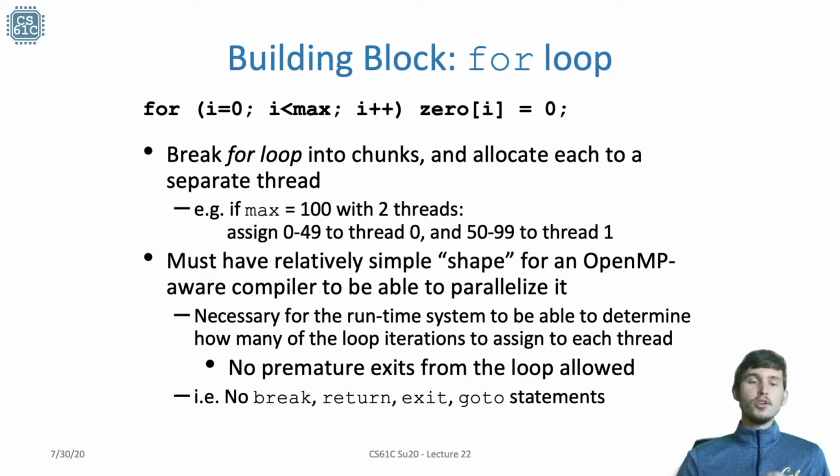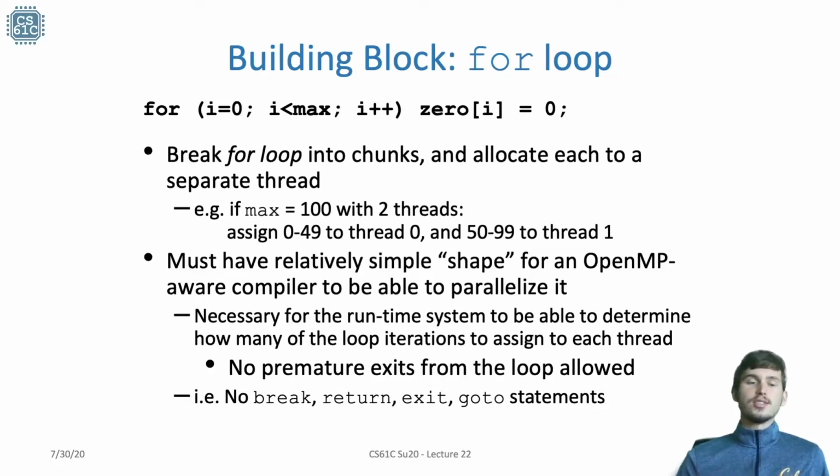Though OMP is kind of dumb in the sense that it requires a very simple shape for the OpenMP aware compiler to be able to parallelize it. The runtime system must be able to determine how many iterations of the loop will be assigned to each thread, because if it doesn't know the number of iterations, how does it know how to split it up?